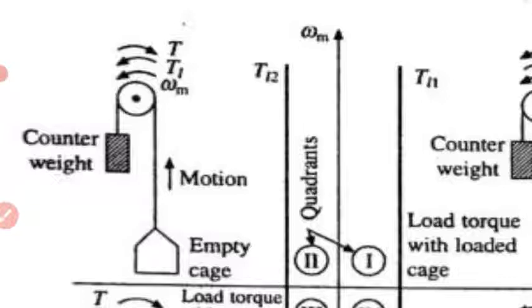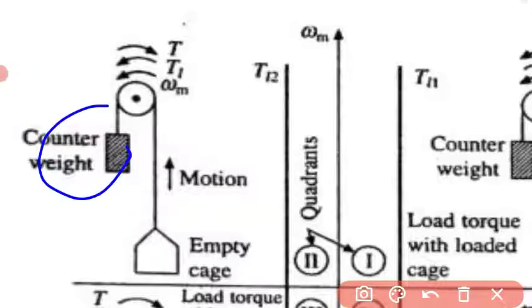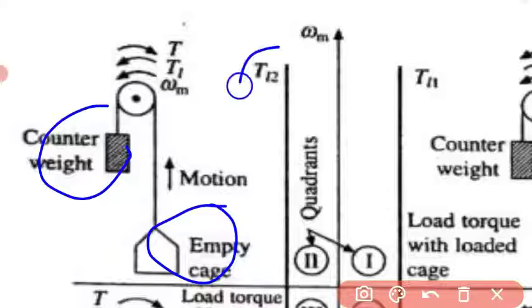Operation in quadrant 2 is obtained when an empty cage is moved up, since the counterweight is heavier than an empty cage, as I discussed earlier. So it is able to pull it up. In order to limit the speed within a safe value, the motor must produce braking torque equal to TL2 in the clockwise or negative direction.